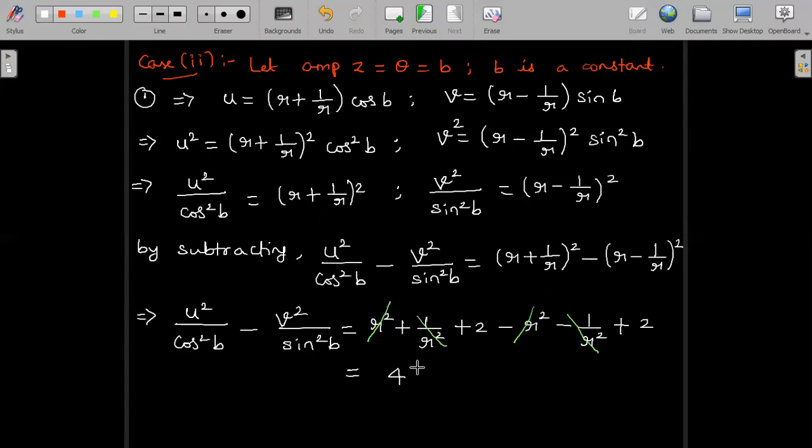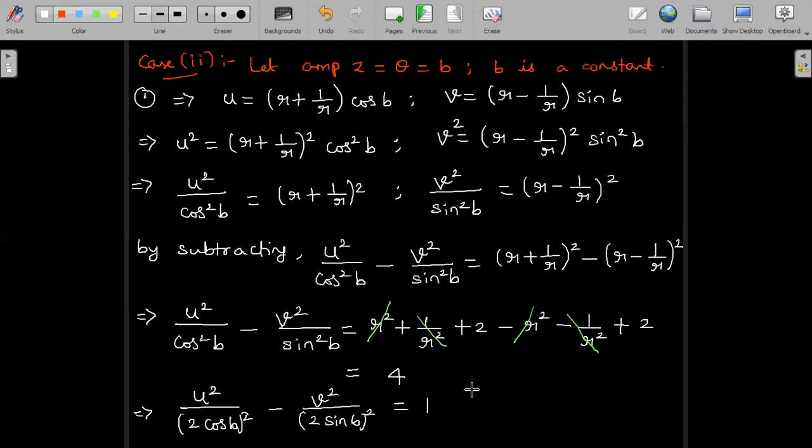If I divide throughout by 4, I can write this expression as u square divided by 2 cos b the whole square minus v square divided by 2 sin b the whole square is equal to 1.